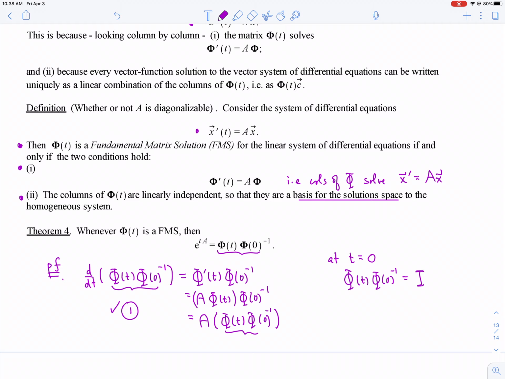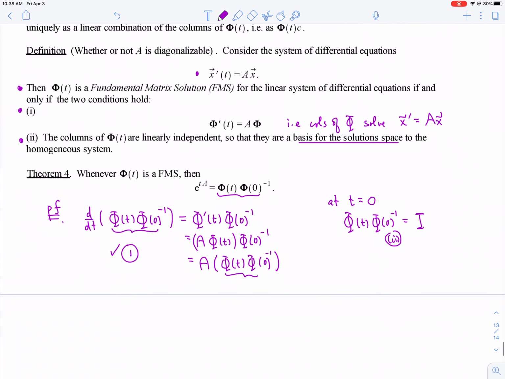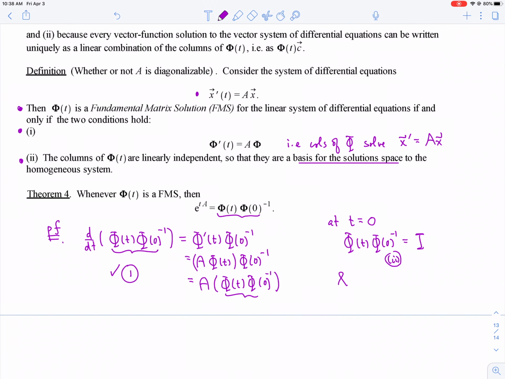So that checks condition 2, and it also shows that Phi(t) Phi(0) inverse is e to the tA, because we just checked that the whole matrix solves the system, and the value at t equals 0 is the identity matrix, and that was how we characterized e to the tA as well.